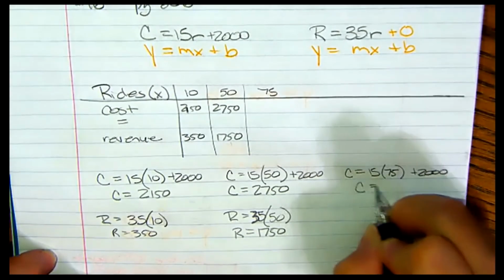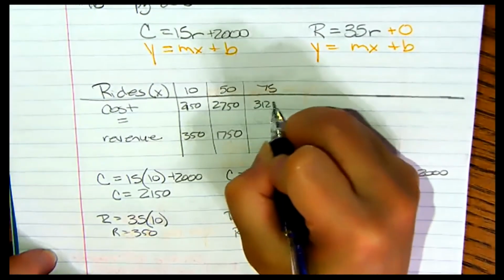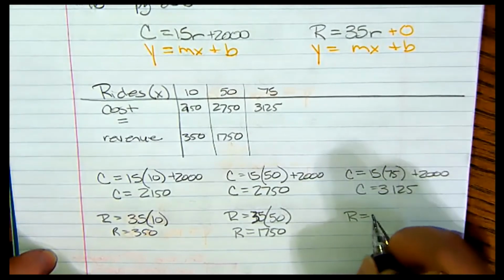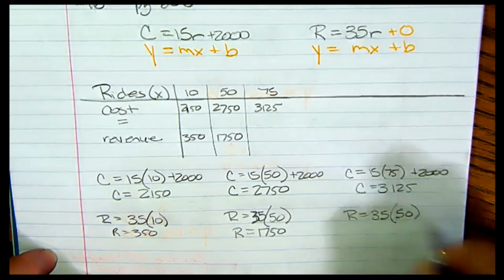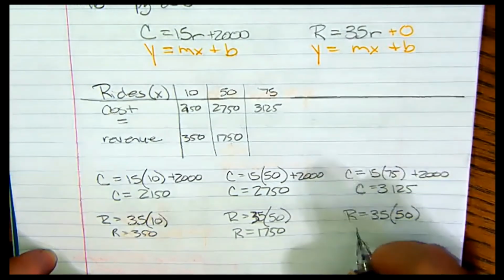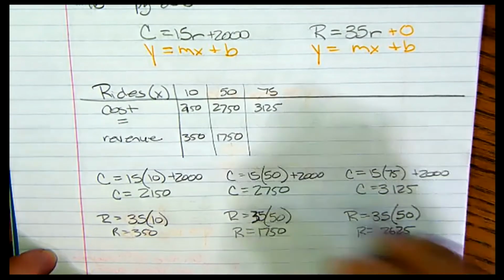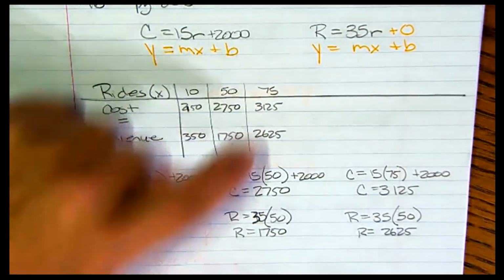My cost is 3,125, okay? Let's see how much revenue we bring in. $35 times 75 rides. So my revenue is 2,625. Okay, the gap is getting smaller.